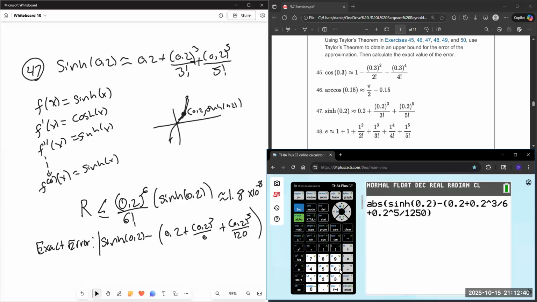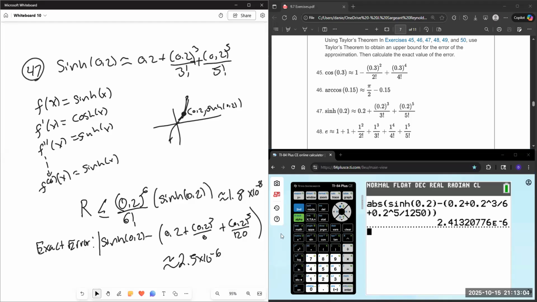Close my parenthesis there. Close my parenthesis for this. And this is going to be approximately 2.5 times 10 to the negative 6th for my solution.